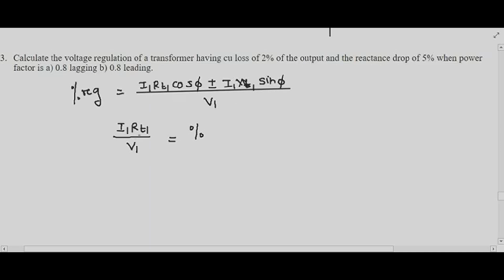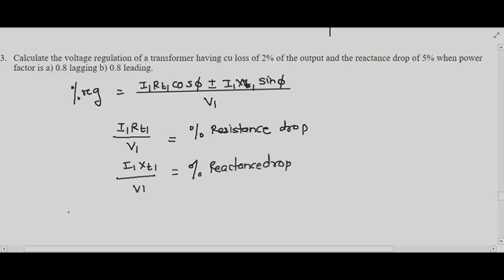So this is the percentage copper loss, or the percentage resistance drop, and I1 XT1 upon V1 is nothing but the percentage reactance drop. So simply we have to put the values in the percentage regulation.